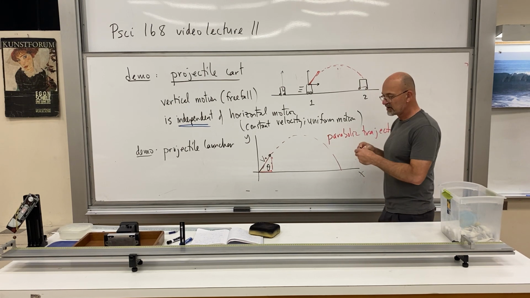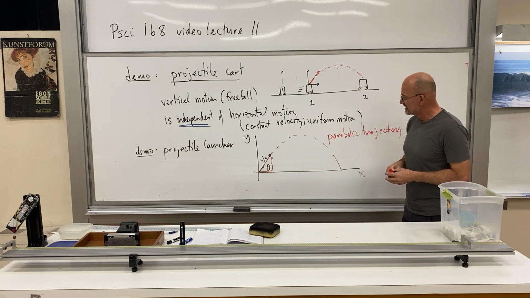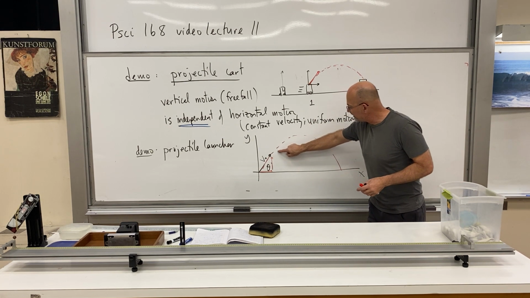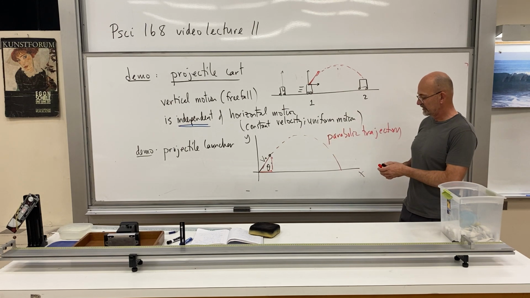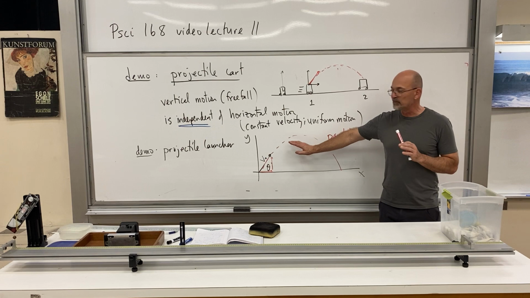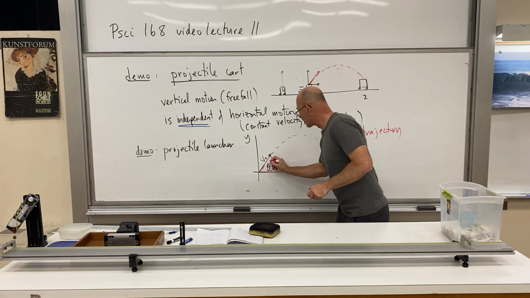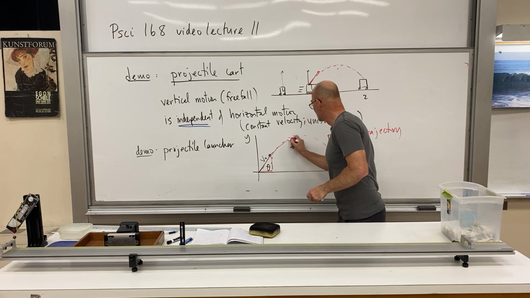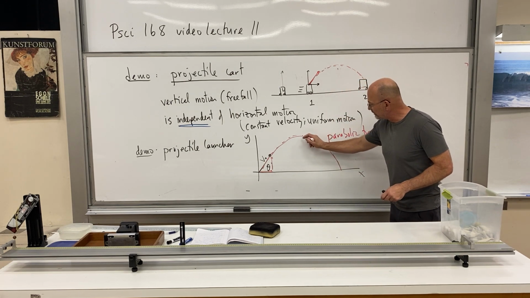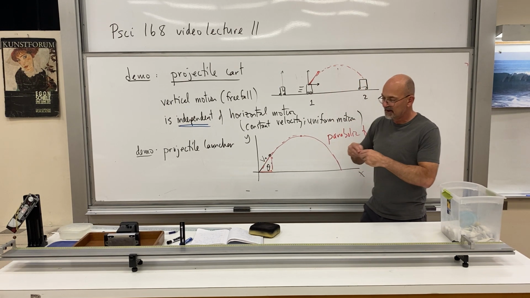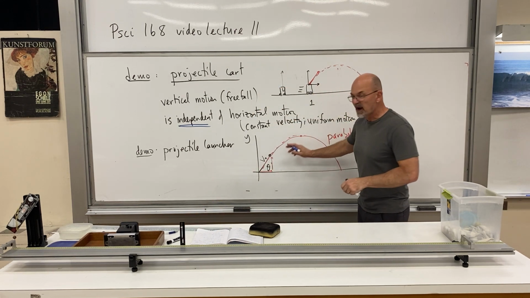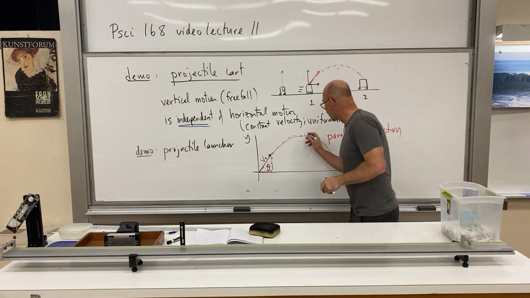Okay, now here comes an interesting point. Suppose you start at the top. You notice this thing's rising and then it's falling. Is this a big enough picture? Yeah, we'll work with this picture. We're gonna have another one in a moment. So rising and falling. There's the trajectory, and if you go to the very top of it, at one instant it's neither rising nor falling, it's horizontal.